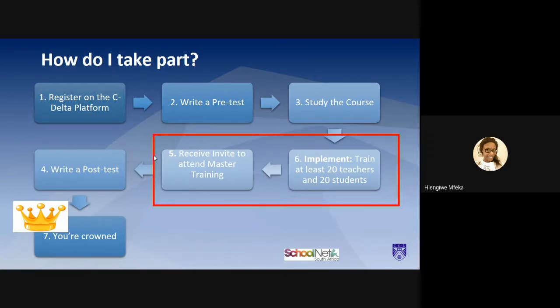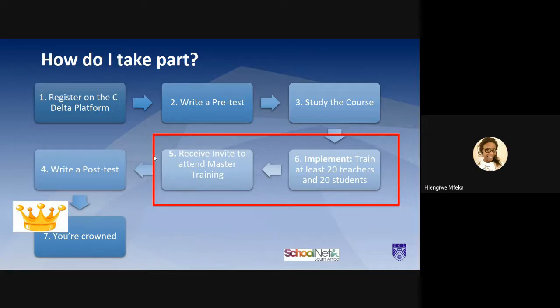Then once you've completed the post-test, you share your post-test certificate with us. I will share the email to send the copy of your post-test, because when you send us the copy, that is when we're able to communicate with SACE and send you your SACE certificate.